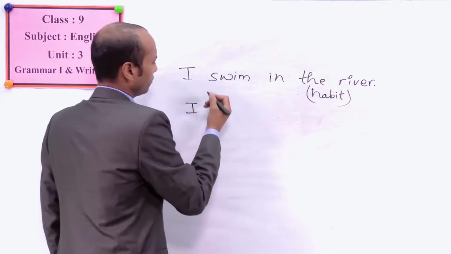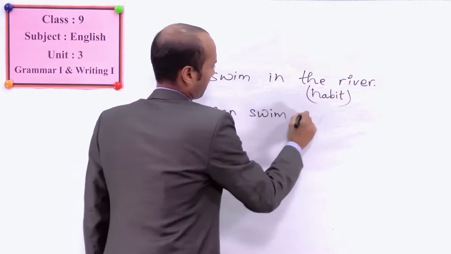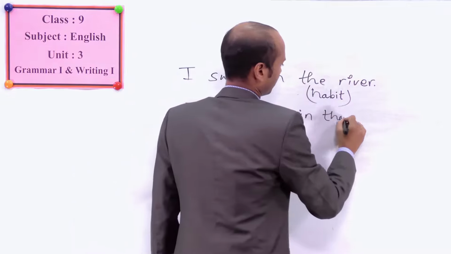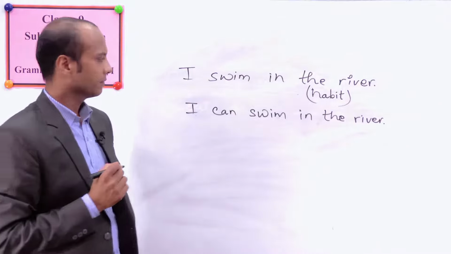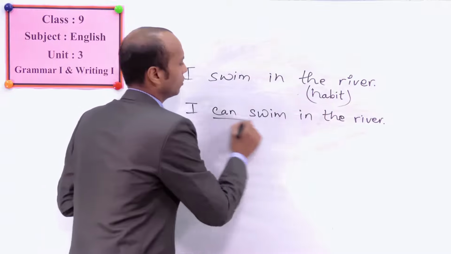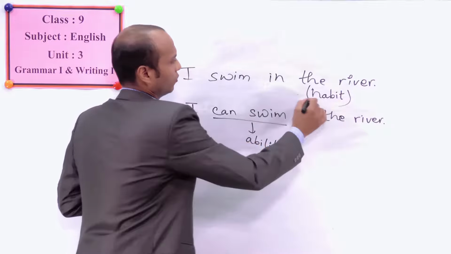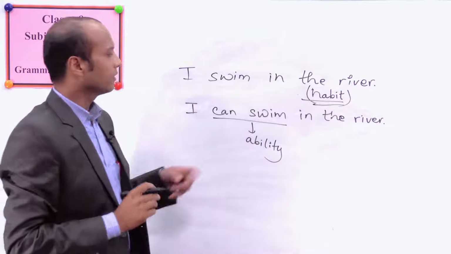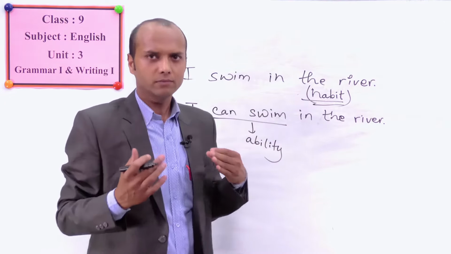But if you write, I can swim in the river, what does it mean then? It means it is your special ability. This is your habit. Got it? This is your ability. I can even swim in the river. Can you? Like this. Got it?